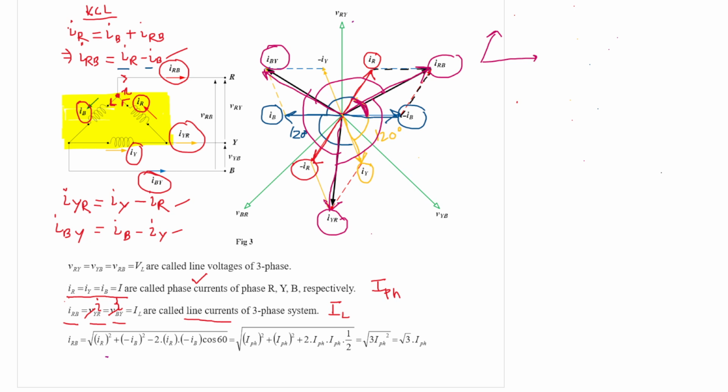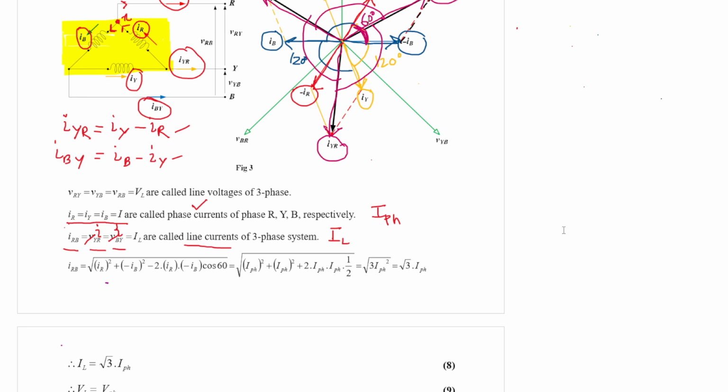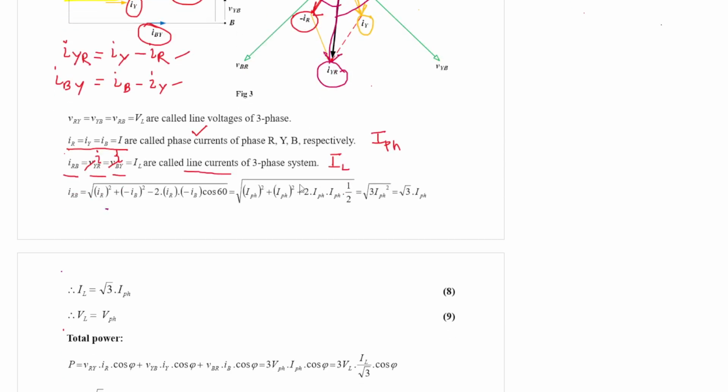The formula is just as we have mentioned: if two vectors are connected in this fashion making an angle of theta, then the resultant vector R is given by the square root of p square plus q square minus 2pq cos theta.